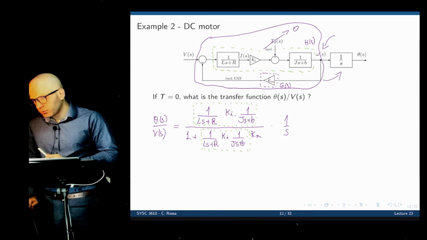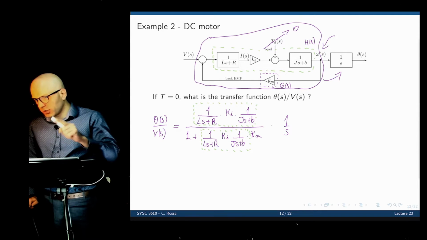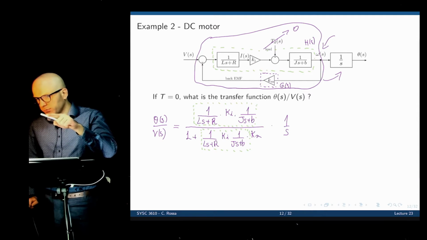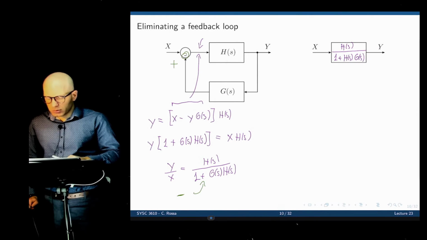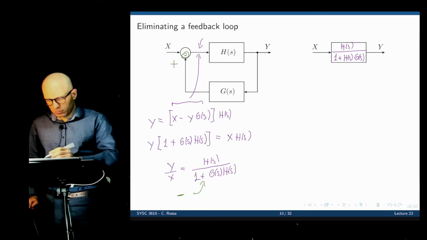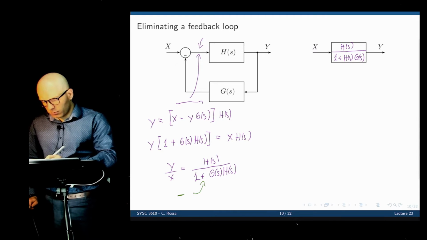Like slide 9 and 10, can I just quickly see them again? For the positive and negative. Yeah, for the transfer. These ones here? Yeah. So when it's negative, it's 1 plus like G of S and H of S.